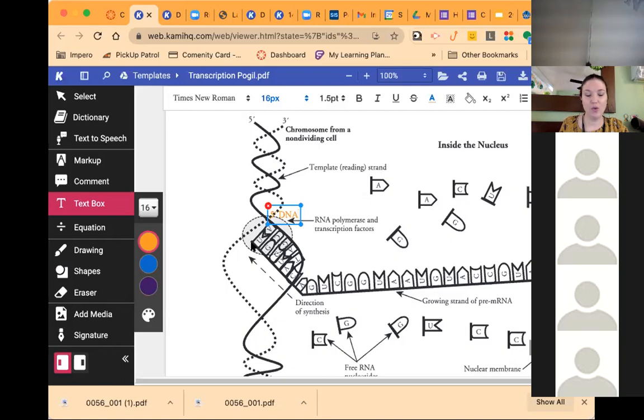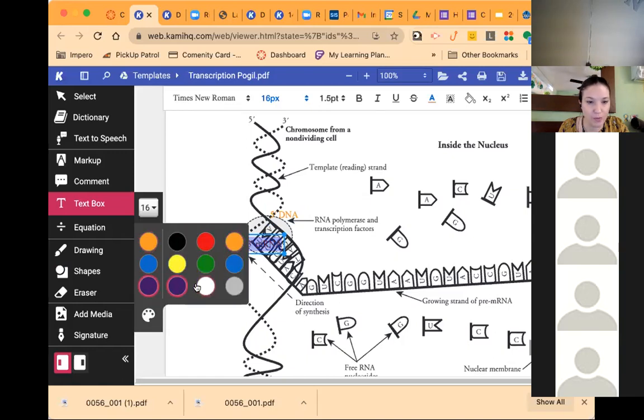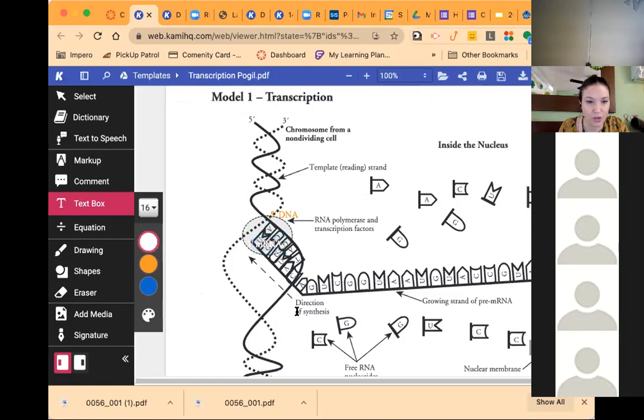And so if this is the 5' end of the DNA, what does that make this end of the mRNA, Jackson? The 3'. Yeah, good. I'm going to find a text color that works on that. Sorry about that.